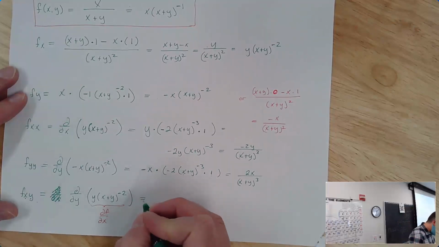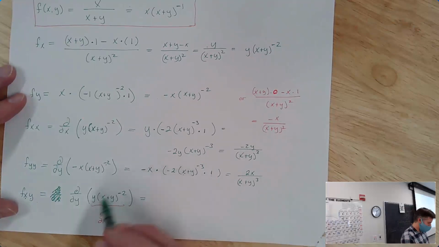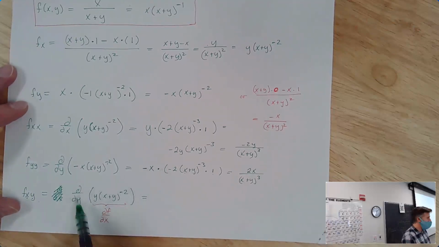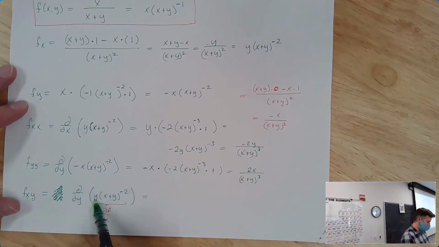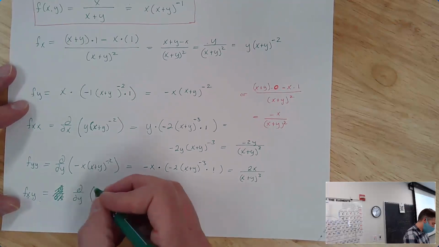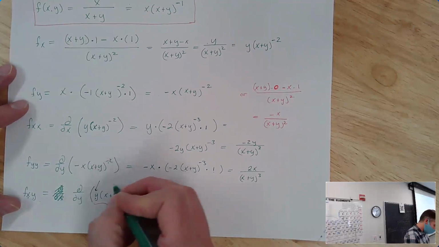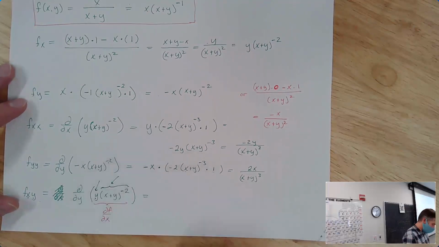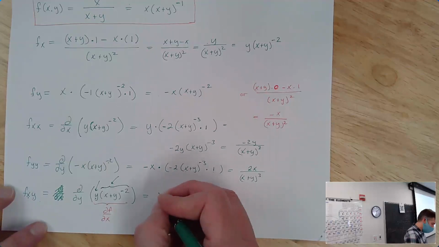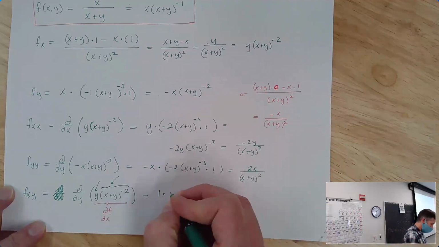This one's actually going to be more work than the other ones, because now we have to use the product rule. If I'm differentiating with respect to y, I have the function y times the function (x plus y) to the negative second. So this is my first piece, and all of this is my second piece. What's the derivative of the first piece? Good old 1. We leave the second piece alone.